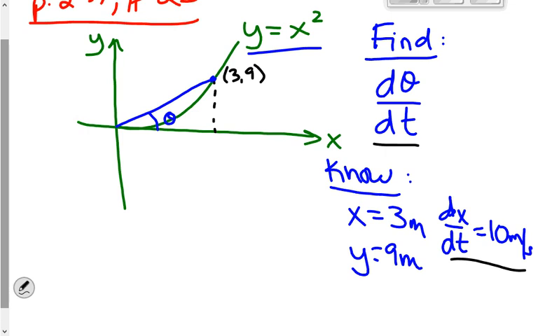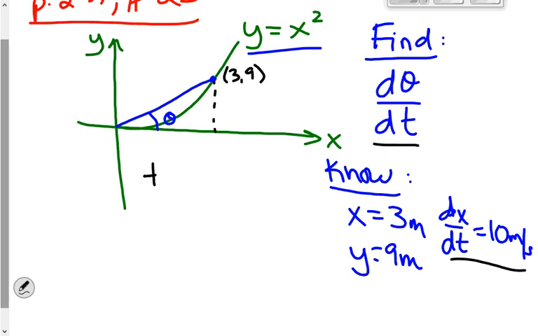But I want to have theta in my equation because I want to have a d theta dt. So using cosine was the right idea. It wasn't perfect, but it was the right idea. It just wasn't the right trig function.